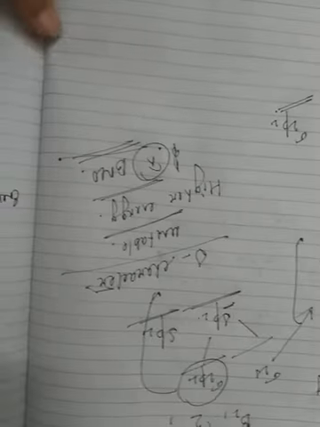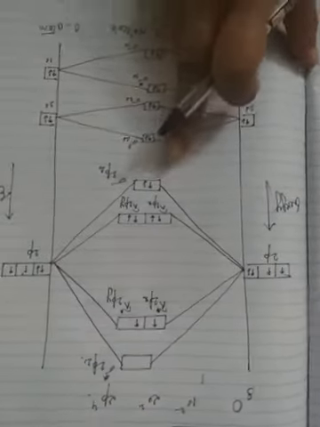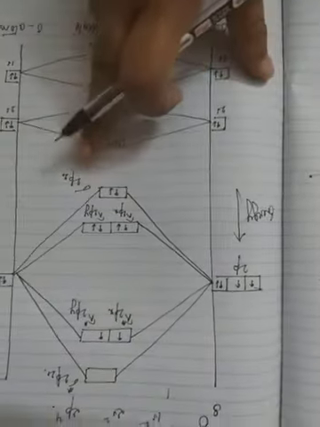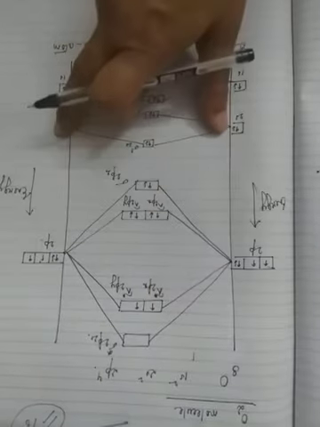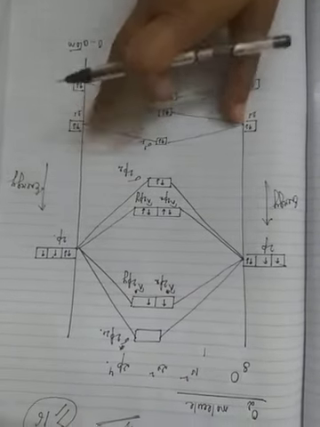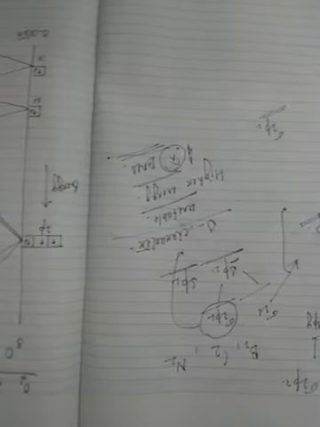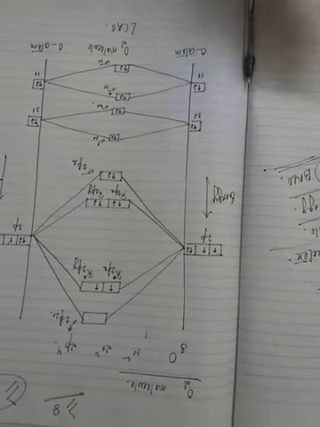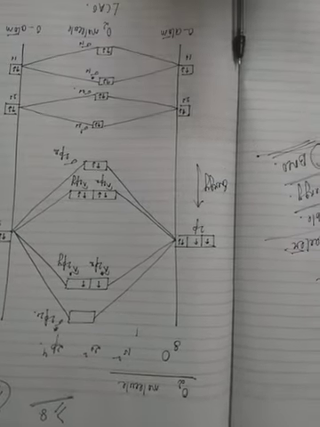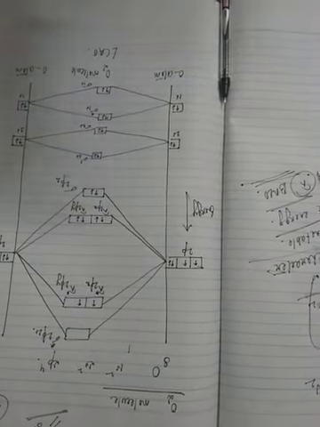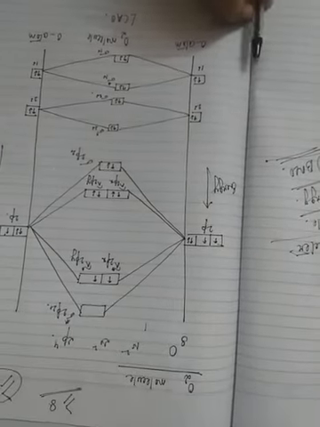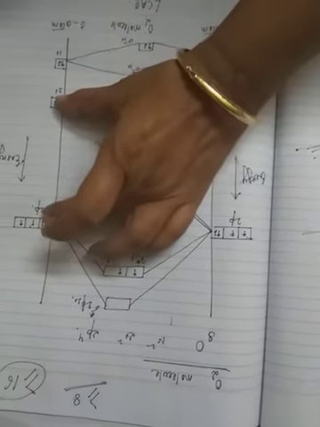In the case of oxygen, due to the higher nuclear charge, the energy difference between 2s and 2p is quite large, and therefore there is no such intermixing like sp-z. This intermixing is not present in oxygen, fluorine, neon or higher ones, due to the higher nuclear charge and the large gap between 2s and 2p.